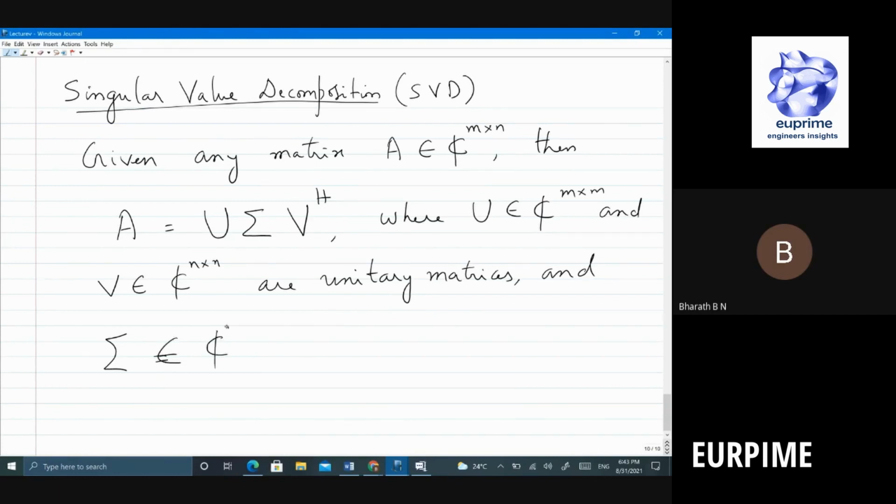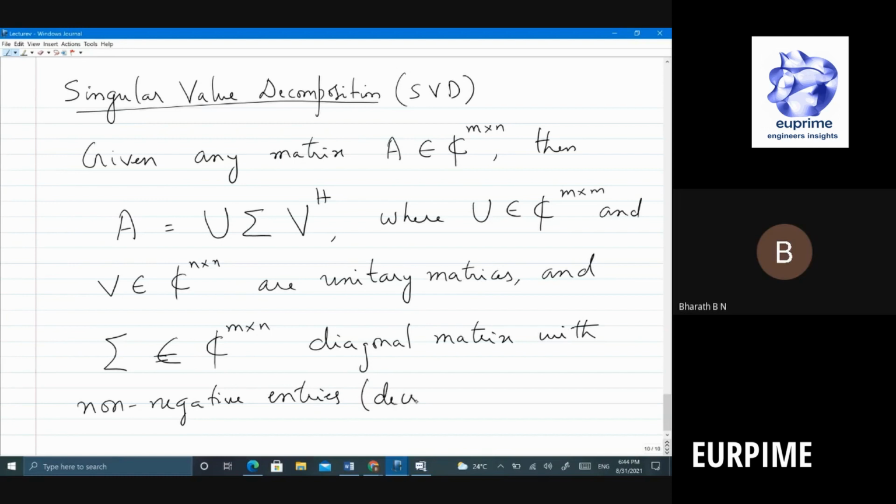It will be an m cross n diagonal matrix with non-negative entries. I can organize it in decreasing order.